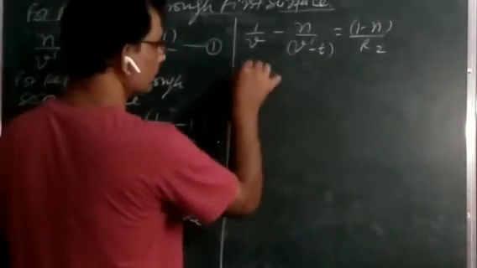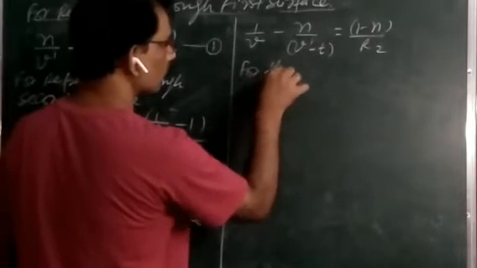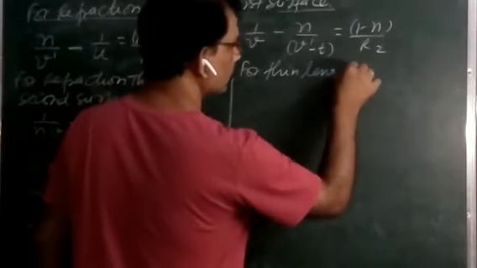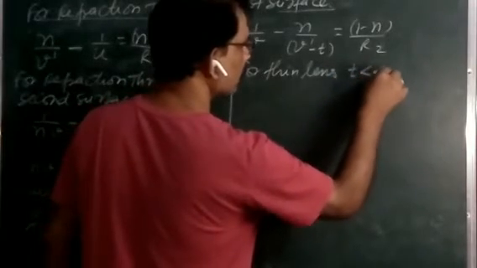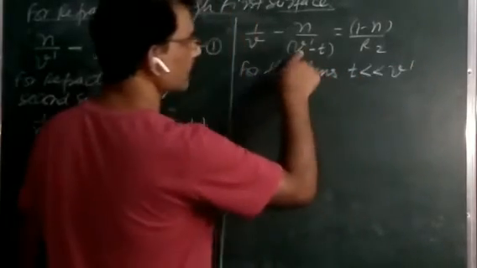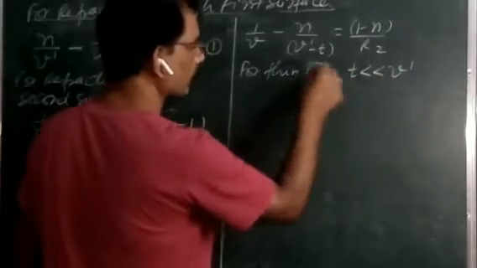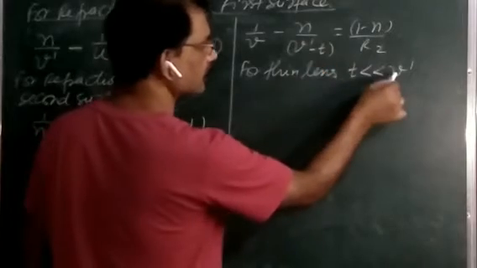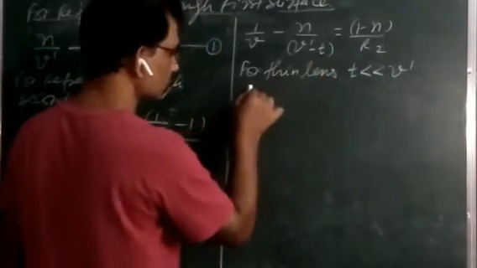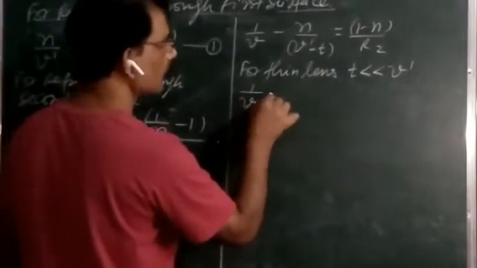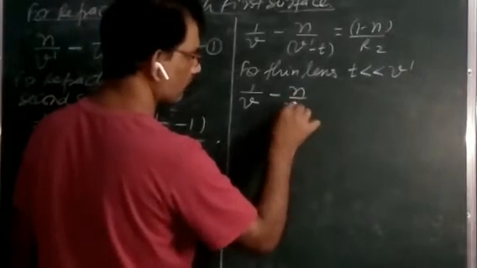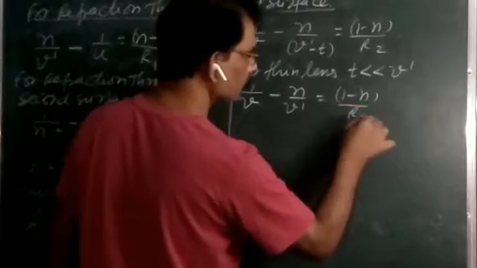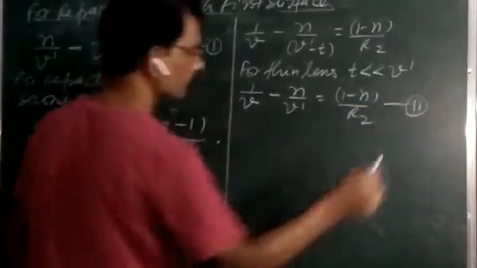So for a thin lens, t is very less comparatively to v dash. v dash की तुलना में t की वैल्यू बहुत कम होगी. So at place of v dash minus t we can write only v dash because thickness is very less. So you can write here 1 upon v minus n upon v dash is equal to 1 minus n upon R2. This is equation number 2.